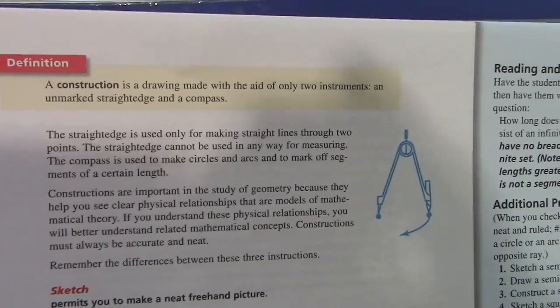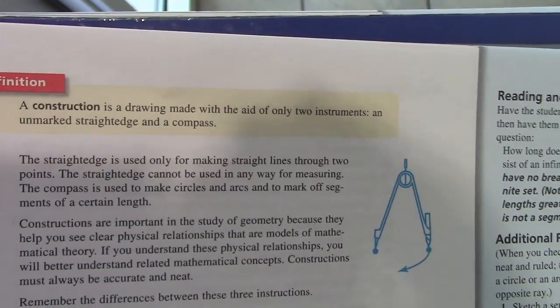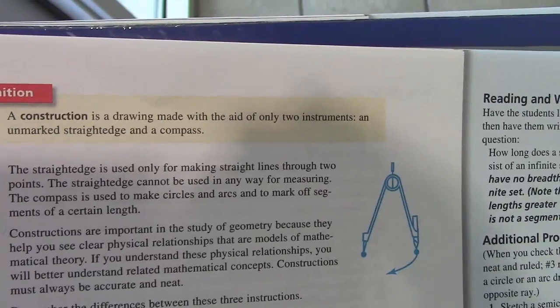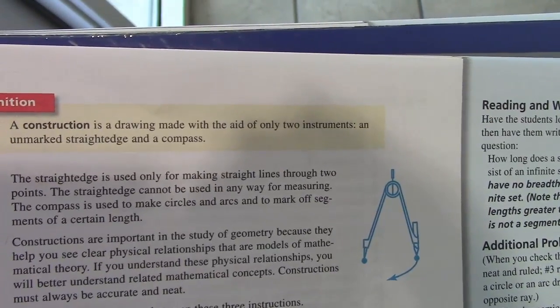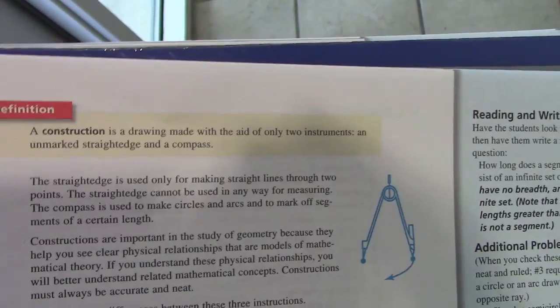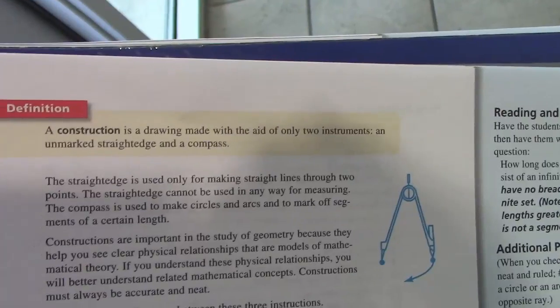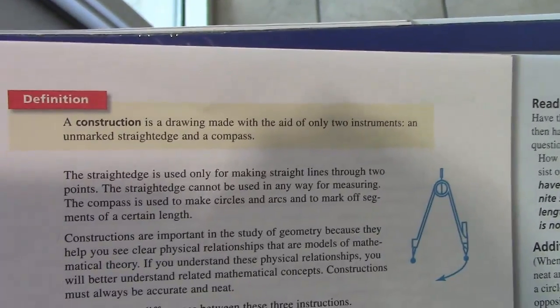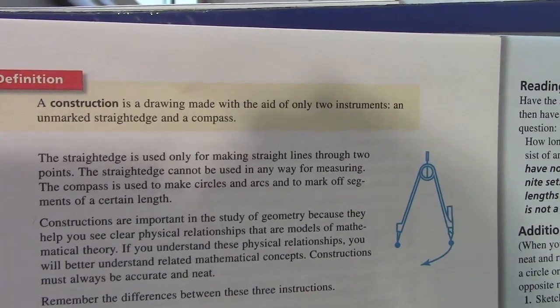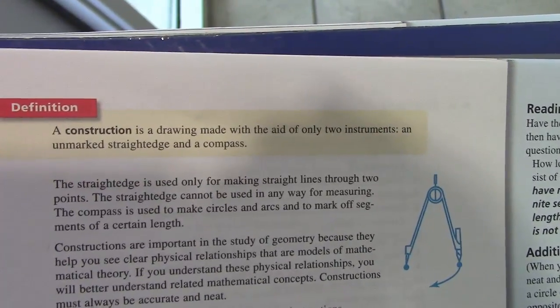Okay, that's true. So by definition, a construction is a drawing, which is interesting that it uses the word drawing, right? Have we already defined what a drawing is? Okay. So under the definition of drawing, we will have the aid of only 2 instruments. 2 instruments, and they're very specific.